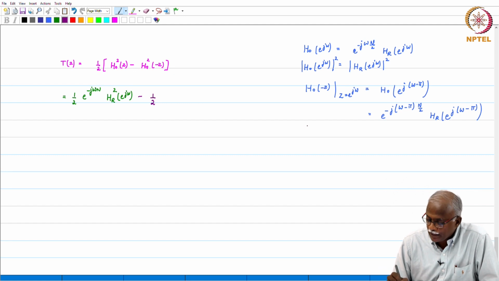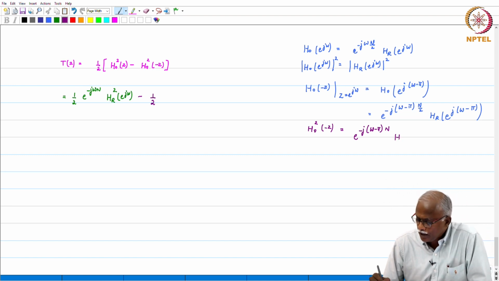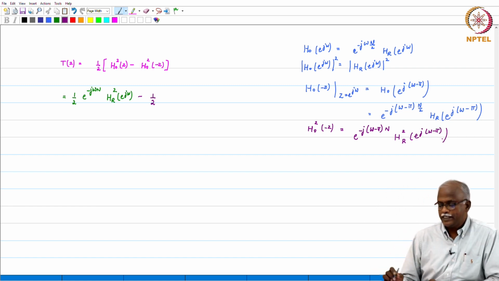If you want to write down that step, H naught squared of minus z will be the squaring of this expression, e power minus j omega minus pi times n, H R squared e power j omega minus pi. Okay, so that is the expression.